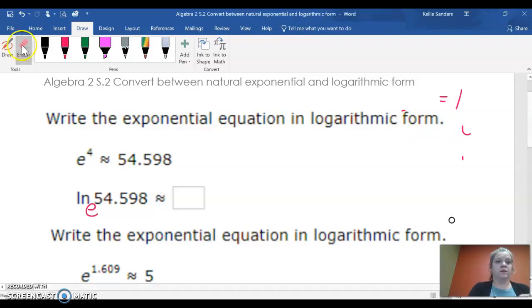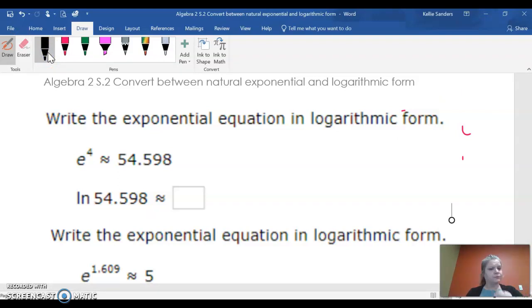Okay, so let me erase that real quick. All right, here we are. We're at the exponential equation in logarithmic form. When it says logarithmic and your base is E, it's actually talking about natural logarithmic form. So they're going to use an ln.